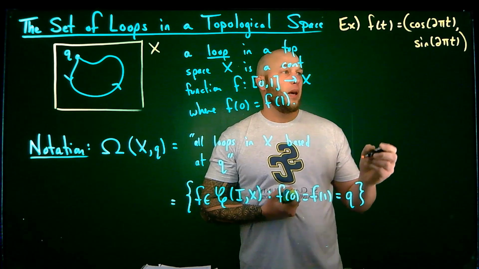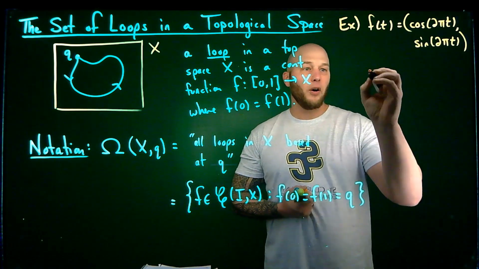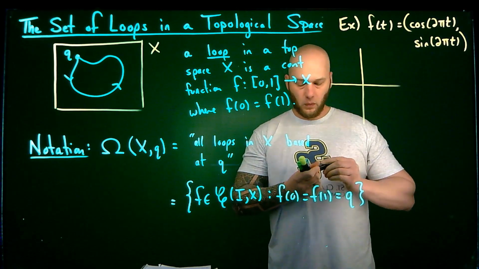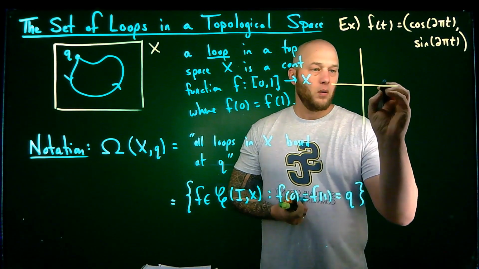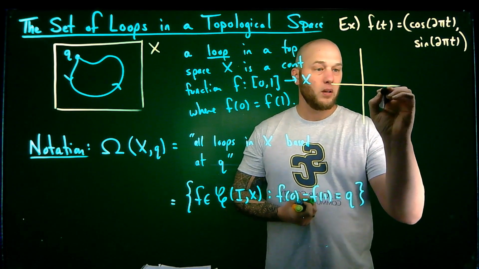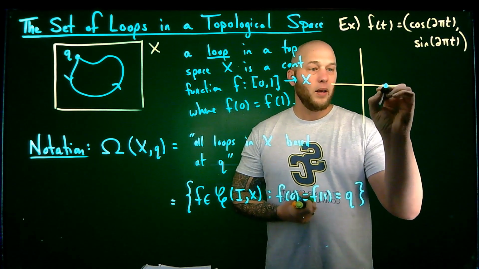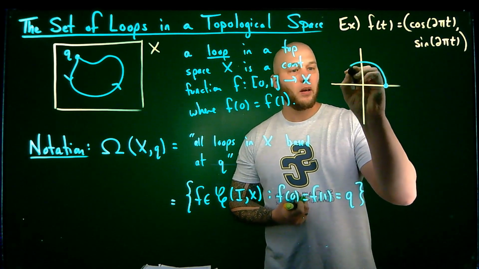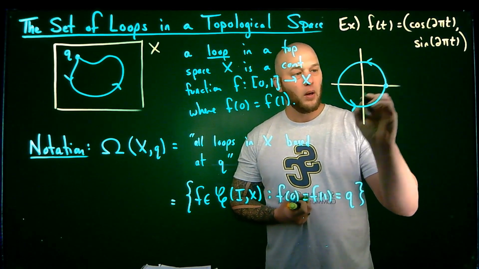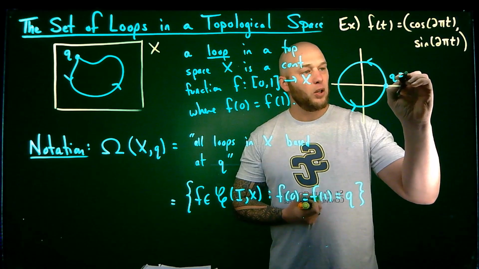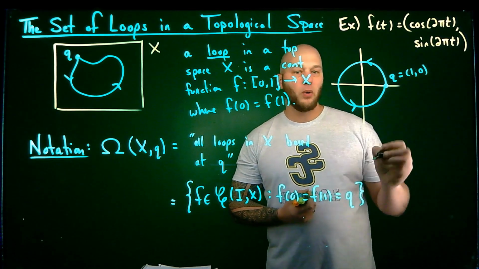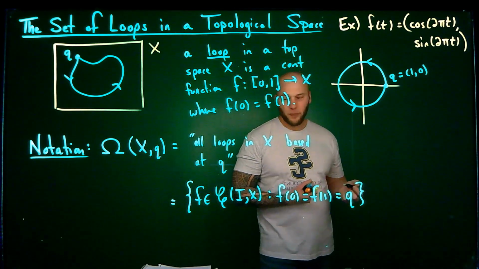This is going to be a loop in R², and the starting and the ending point are both at the point (1, 0), and the path looks like this. So this is a loop with base point Q, which is (1, 0). That would be the base point of this loop.